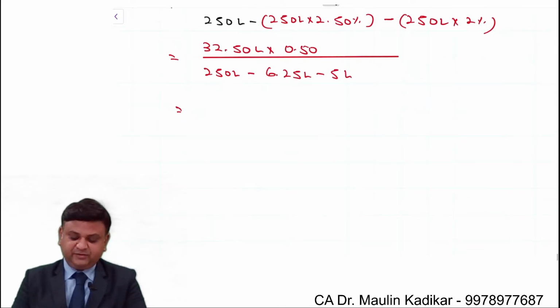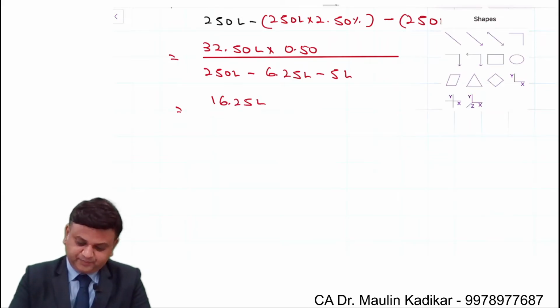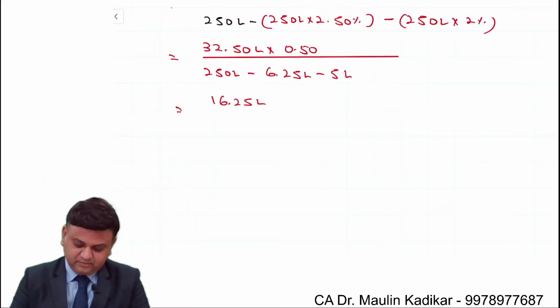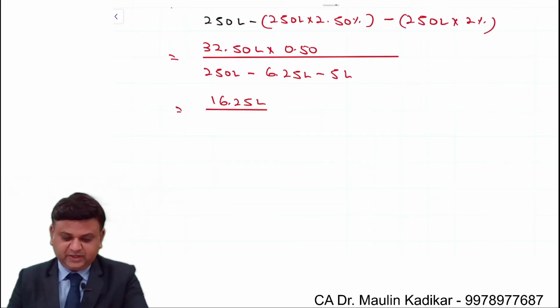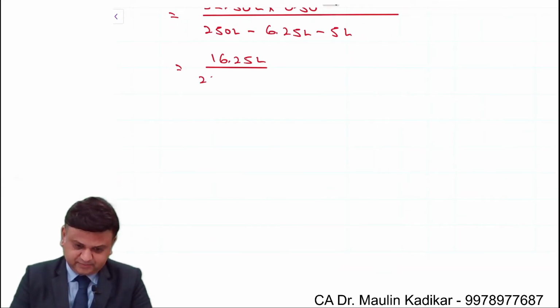So 32.5 into 0.5 comes to 16.25 lakhs, divided by 250 minus 6.25 minus 5, that is 238.75 lakhs.